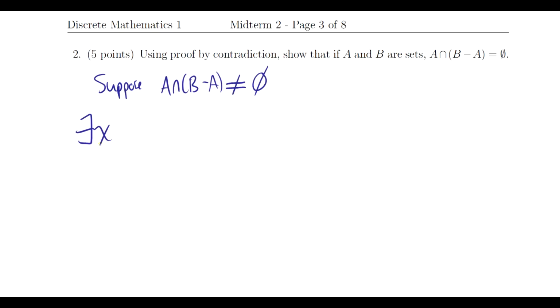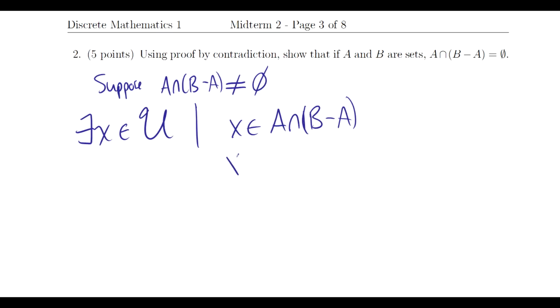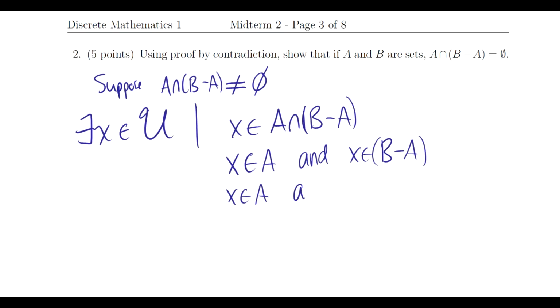So what we're saying here is that there exists some element X in our universe such that X is in A intersection B minus A. Okay, so if X is in A intersection B minus A, then X is in A and X is in B minus A. So X is in A and X is in B intersection A bar, since that's the definition of the difference.